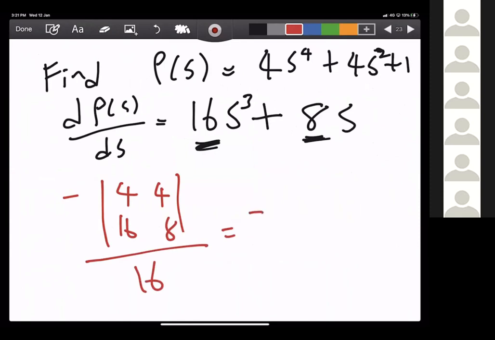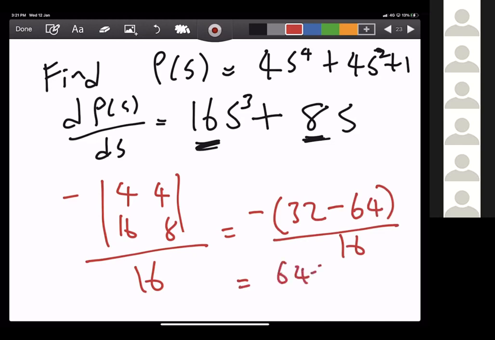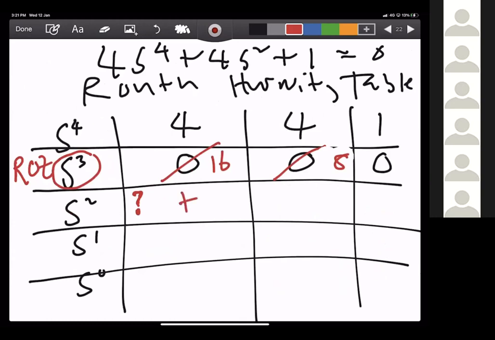32, 64. So equal to positive 2. Yang ni? 4, 1.